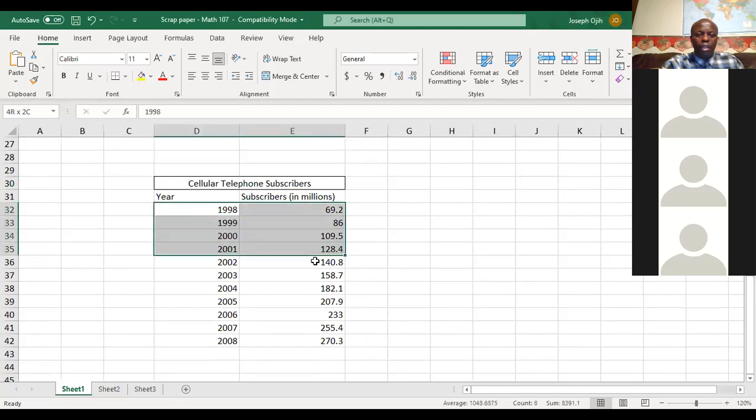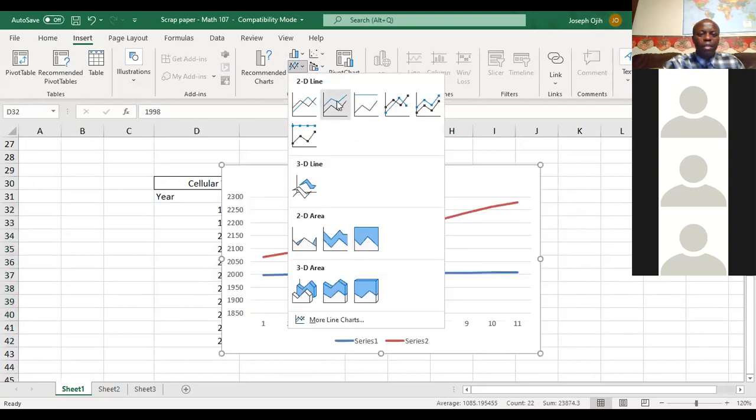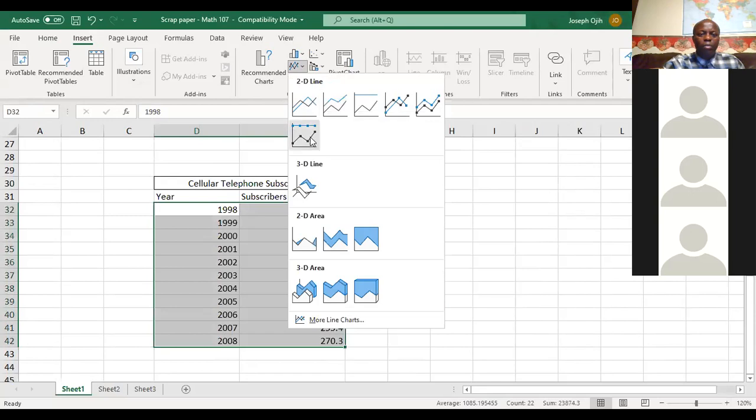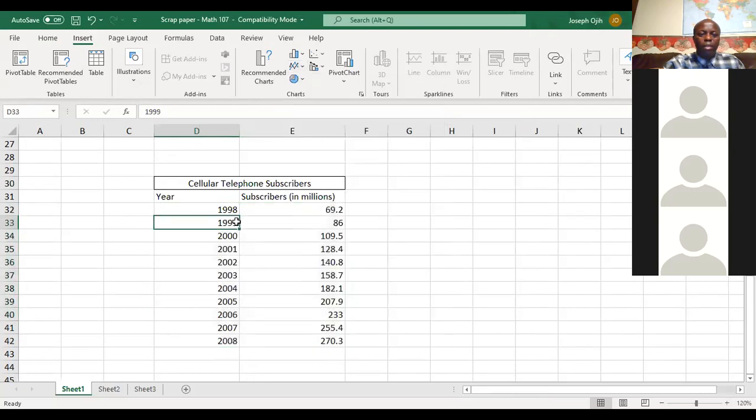So you can just highlight this and then insert the line graph. This gives us the wrong way. Okay. So what I'm going to do is try this.